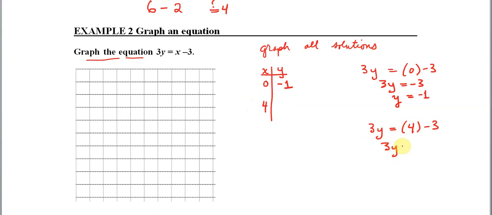So 3y would be equal to 1, so y would be 1/3, or 0.3 repeating. Now we have a couple points here: (0, negative 1) and (4, 1/3).